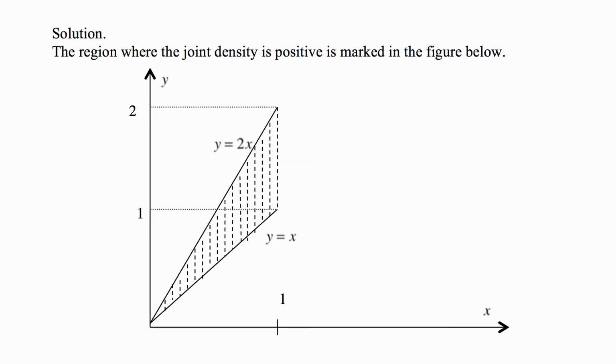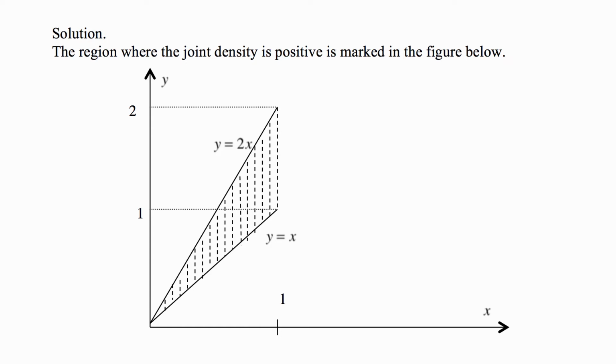In a problem like this, which is more or less a standard expected problem on bivariate joint probability distribution, a very important step is to draw a graph, a figure showing you where the joint density of x and y is positive.